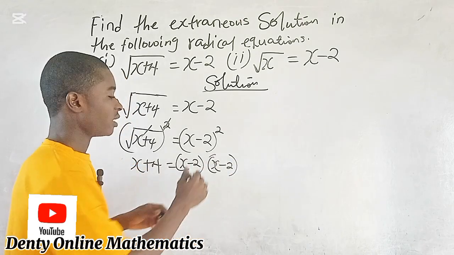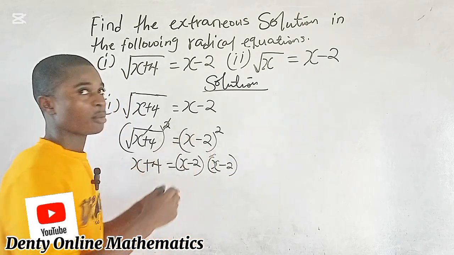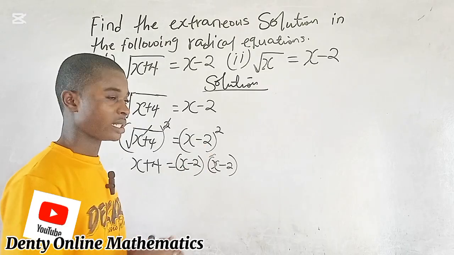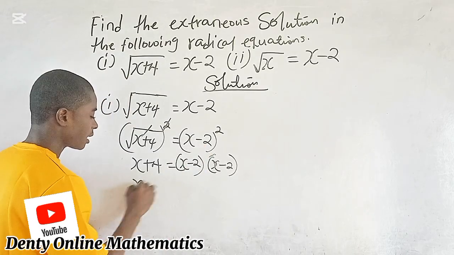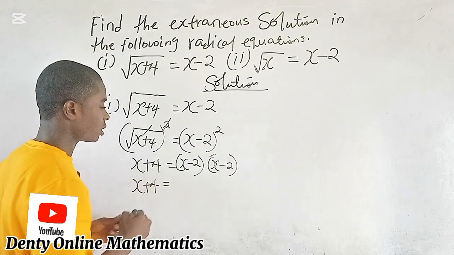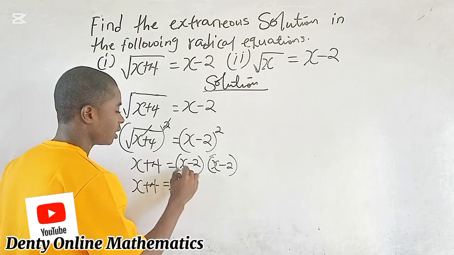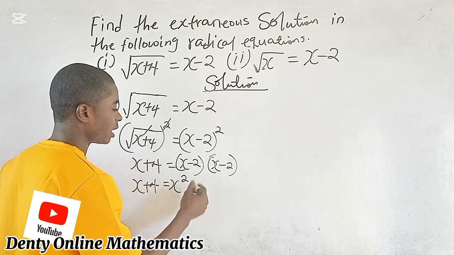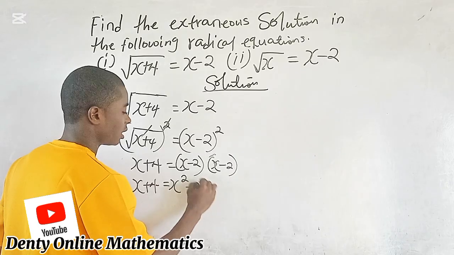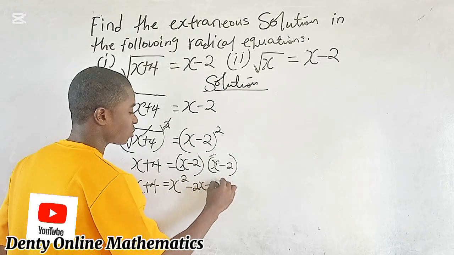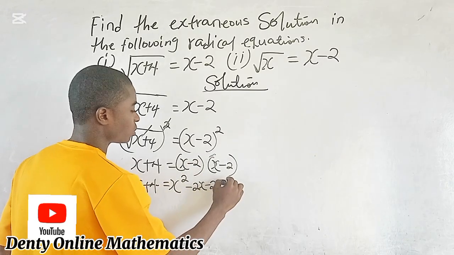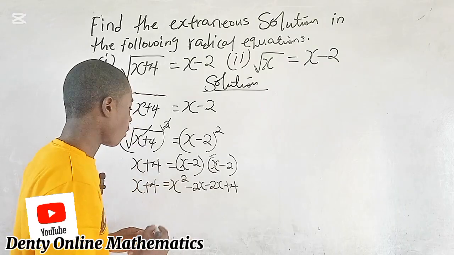I would have just written the value of this, but for clarity's sake, I have to expand it. So x plus 4 will be equal to x times x, which gives x squared, x times minus 2 gives minus 2x, minus 2 times x gives minus 2x, and minus 2 times minus 2 gives positive 4.